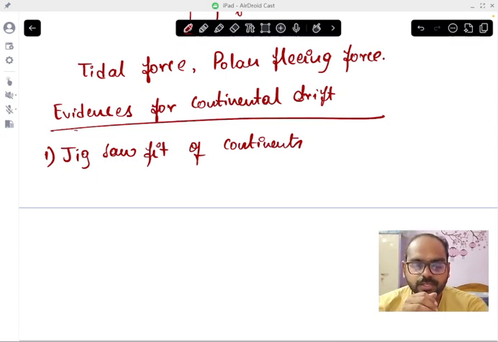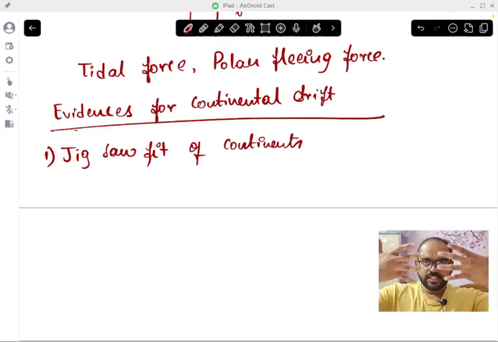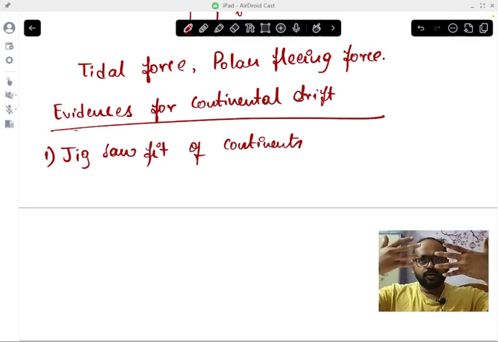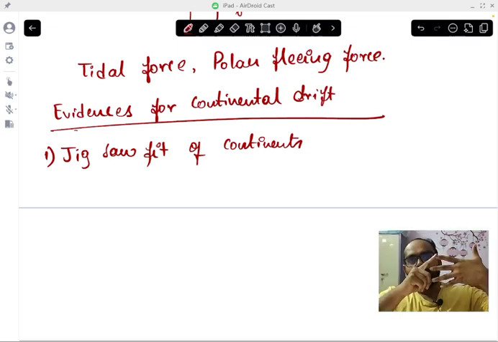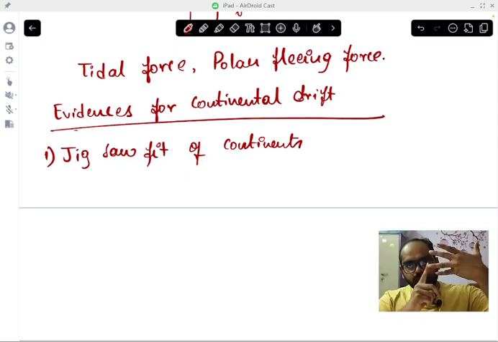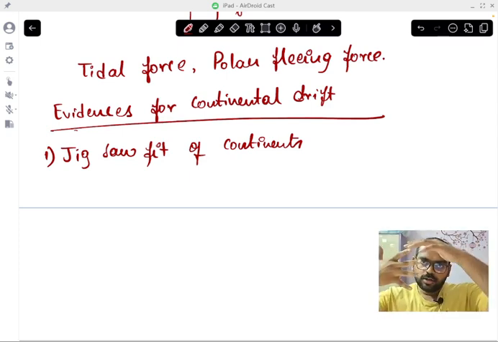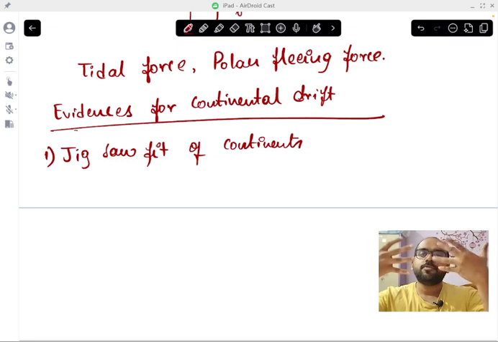Jigsaw fit means if you take two materials, let us imagine this is one material and this is one material, the boundary of this material and the boundary of this material are in the same configuration.